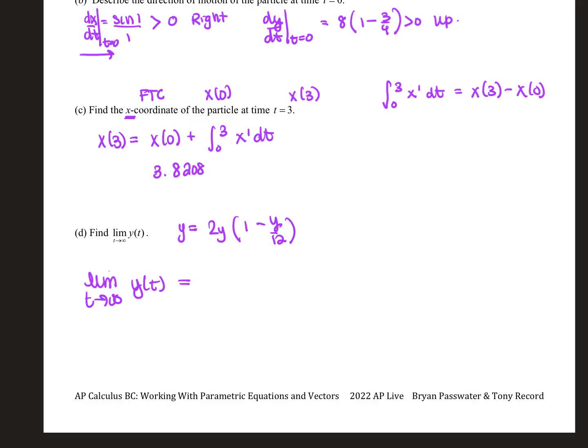But looking at this right here, I'm sorry, this is dy dt, is a logistic curve. Remember, logistic looks like a product of y's if it's dy dt. So right here is your carrying capacity, and that's what it heads to.